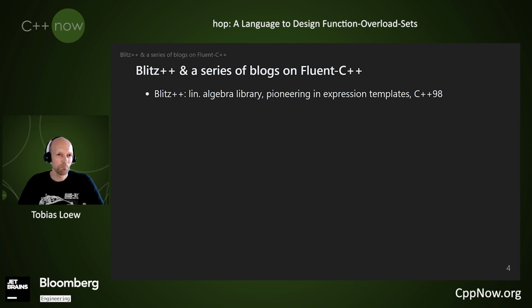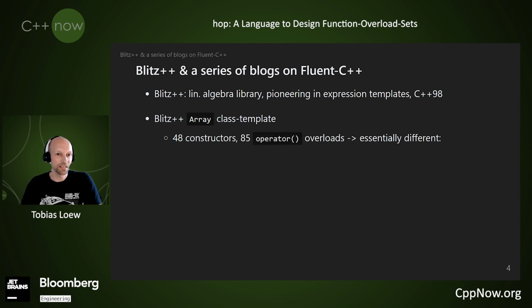Blitz is a library written by Todd Veldhuizen, and it was conforming to C++ 98. And it was pioneering in expression templates. And Blitz has as its fundamental base class one called array, and it has roughly 48 constructors and 85 function call operator overloads.